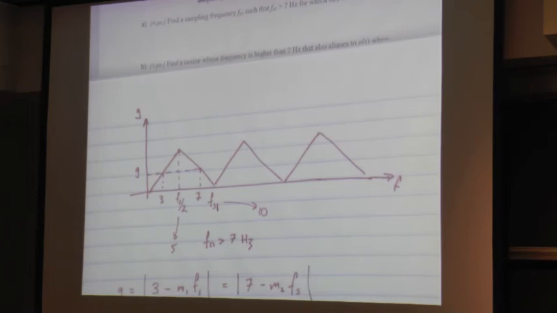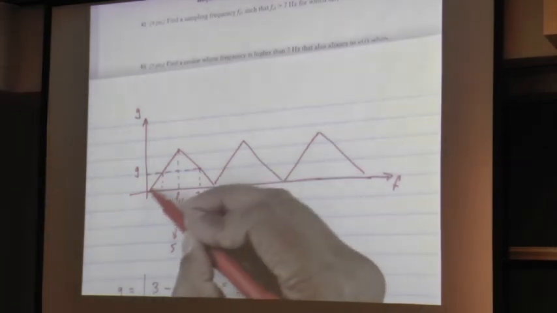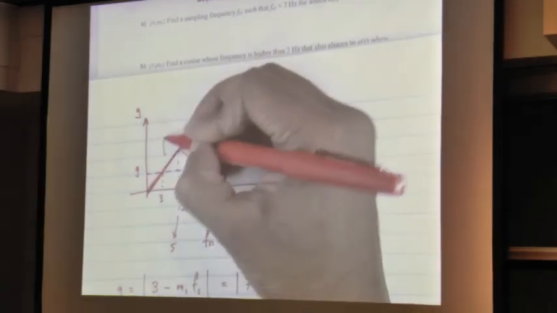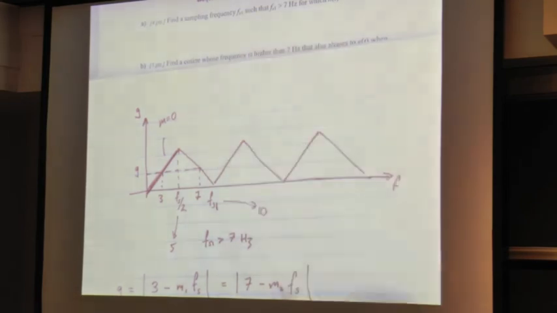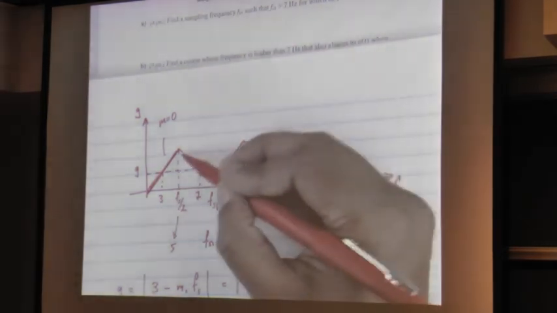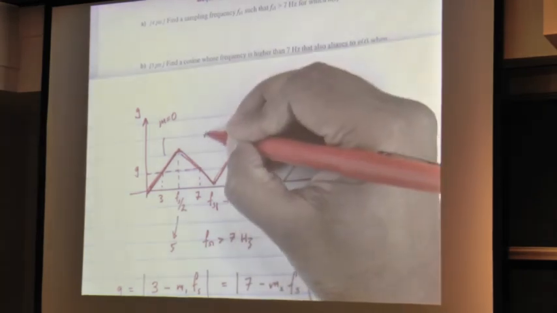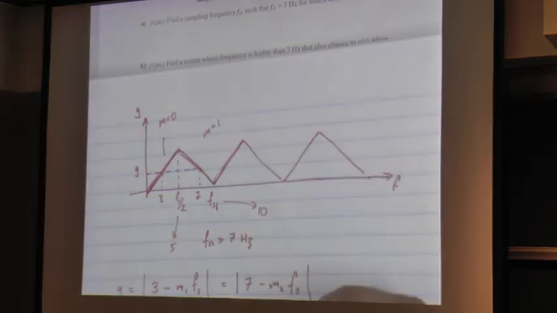You would have to know that M1 is equal to 0 because it's in this part of the curve. So this part of the curve corresponds to m equals 0. And then you have to know that this first valley, the entire first valley, corresponds to m equals 1.